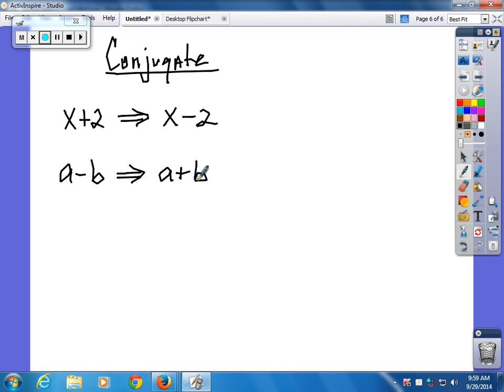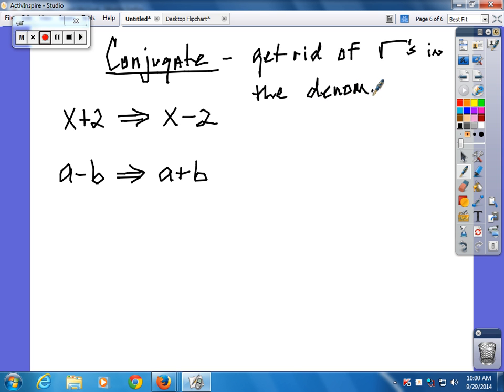Now, we use the conjugate to get rid of radicals in the denominator.